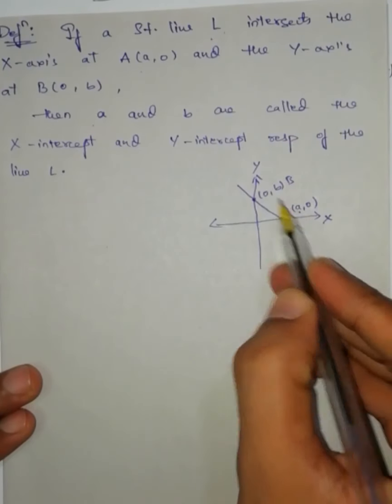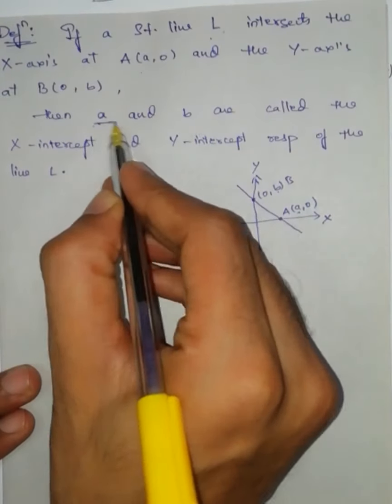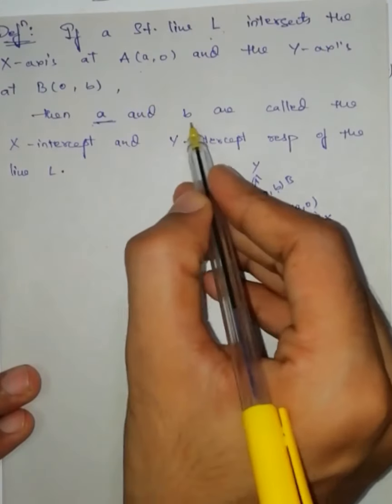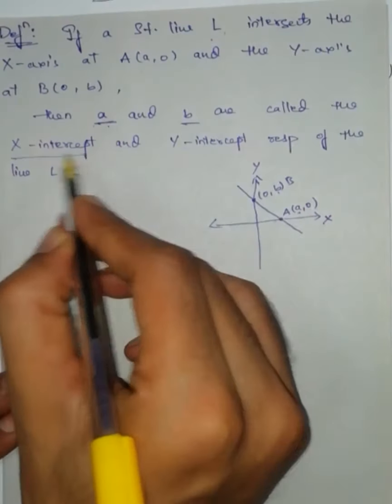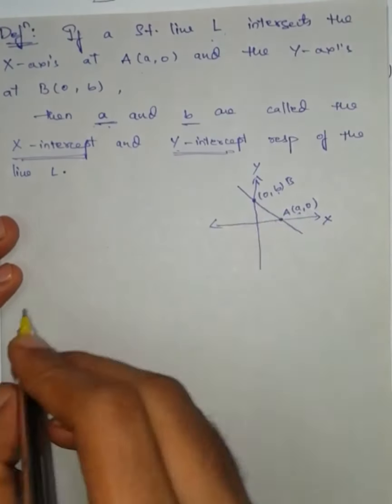Then here a is called the x-intercept and b is called the y-intercept.